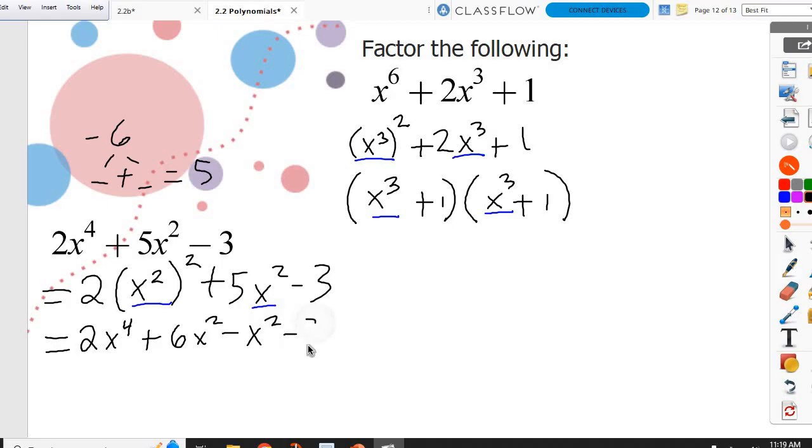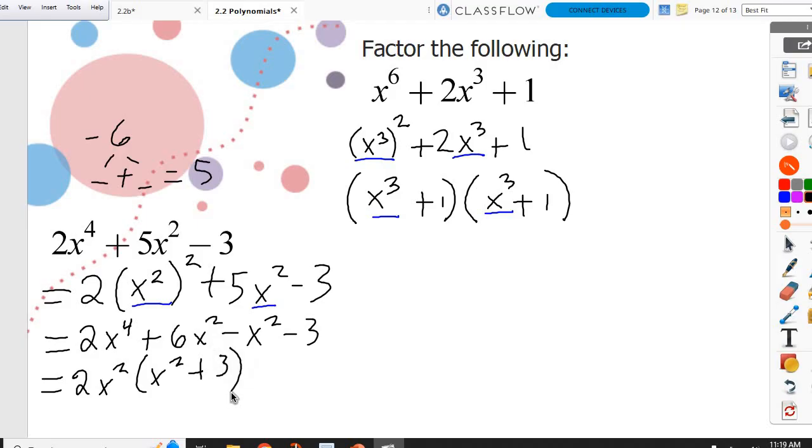But when we break it apart, we have to use an x squared this time because that's what was on that middle term. So now, what do my first 2 terms share? 2x squared, and we're left with x squared plus 3.